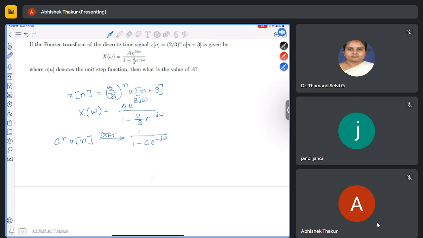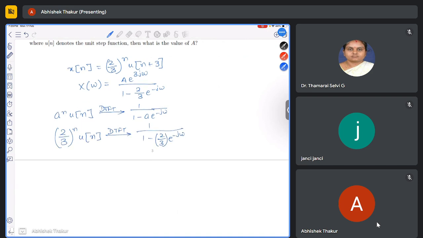The same thing we will do here. Let a be 2 by 3, so for (2/3)^n u[n], the DTFT will be 1 by 1 minus 2/3 e^(-j omega).